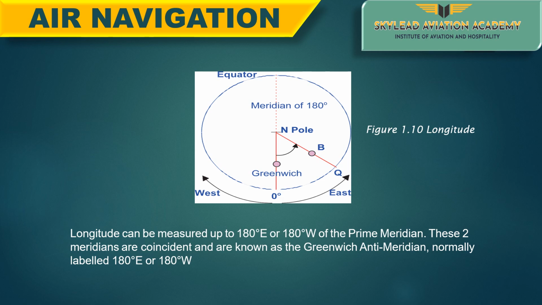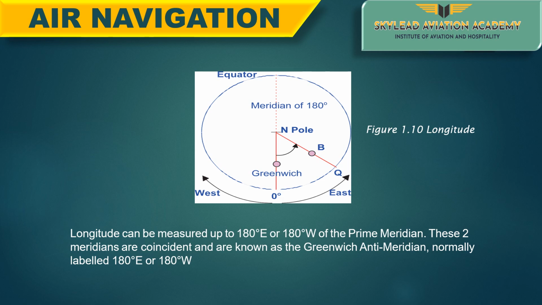The meridian of point B crosses the equator at point Q, which is 40 degrees of arc east of the prime meridian. Point B is said to be at longitude 040 degrees east.